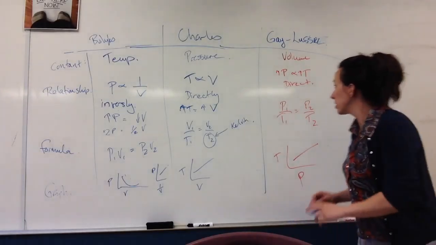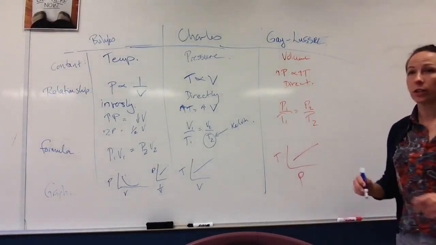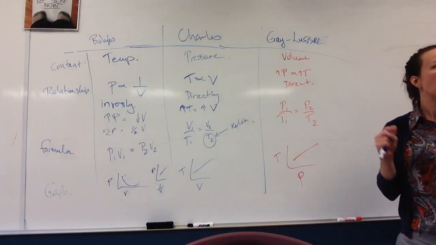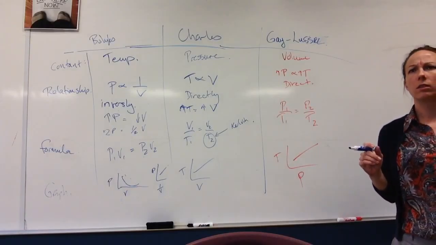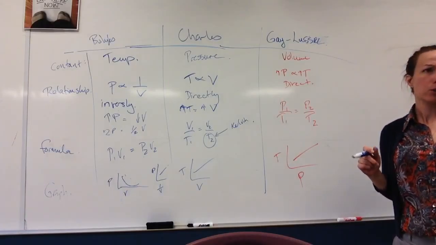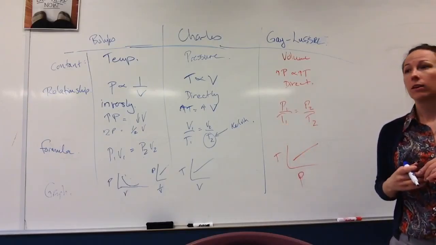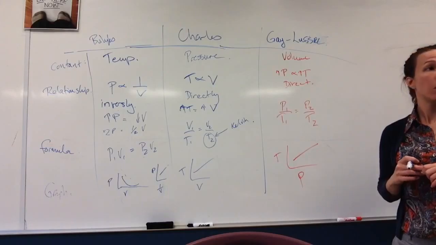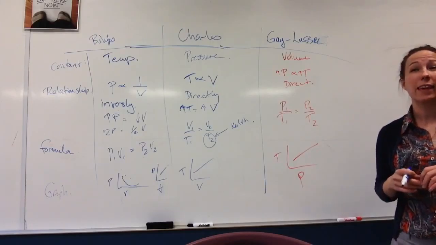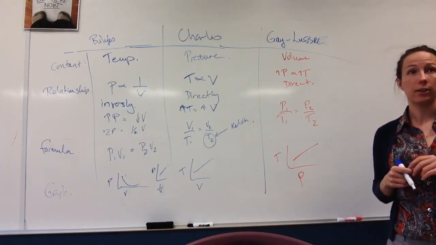So I want to explain this pressure and temperature increase. So what is pressure? Why does something have a pressure? Why does the balloon stay inflated? It's like the force of particles hitting the container. Good, the force of the particles hitting the outsides of the container.